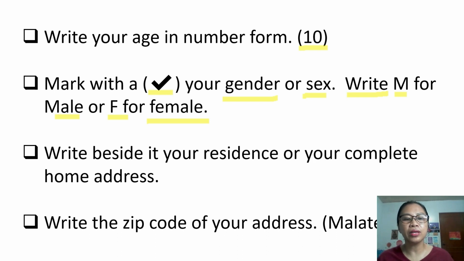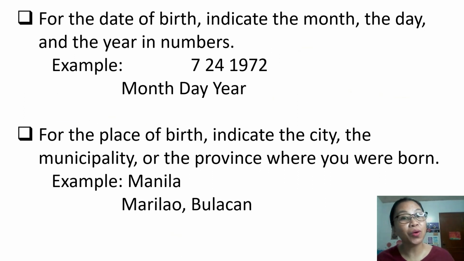Okay, another is the zip code. The zip code of Malate is 1004. Remember that? 1004. And don't forget your birth date. For the date of birth, indicate the month, the day, and the year in numbers, just like your age.